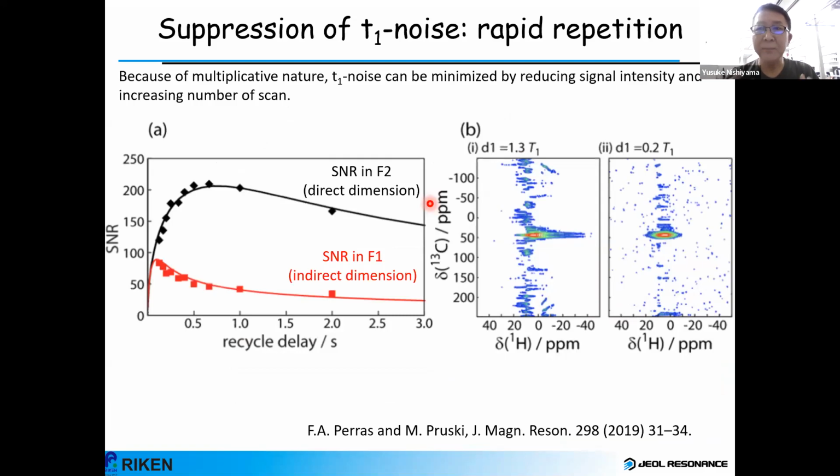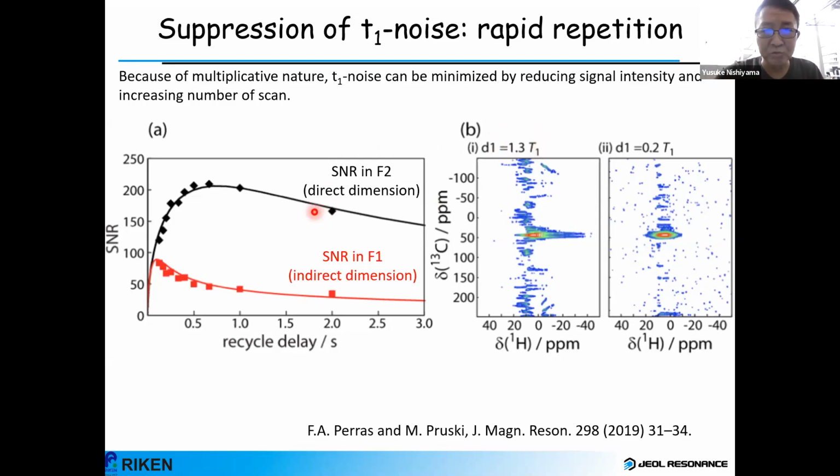Of course, there are several methods to alleviate these problems. One very practical and nice experiment was proposed by Fred Perras last year: repeating the experiment very rapidly. It is well known that if we set the repetition time to 1.3 times the T1 relaxation time, we can obtain the highest signal intensity per unit time.